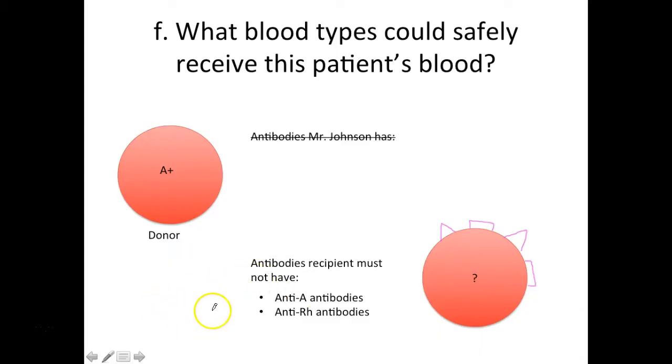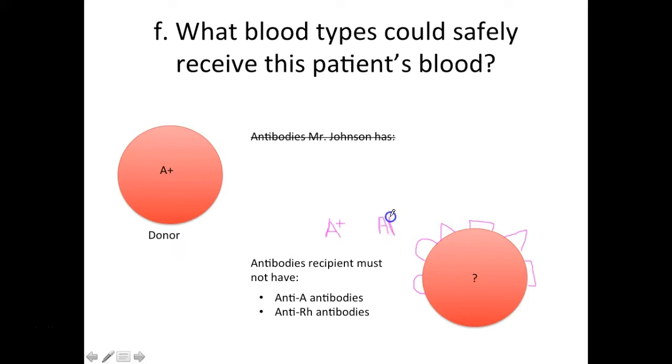So one of the types of blood that we can donate Mr. Johnson's blood to is going to be the same blood type, A positive. Okay. Now the other type of blood that we can donate to will actually be AB positive blood.